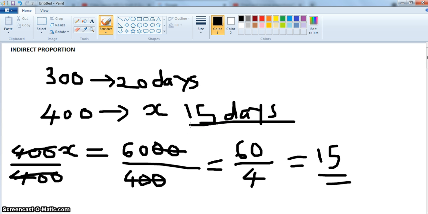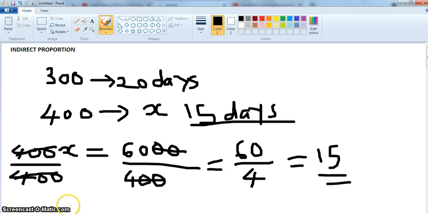Okay, so in indirect proportion, what happens is you will have two quantities, let's call them A and B, and when A increases, B decreases.